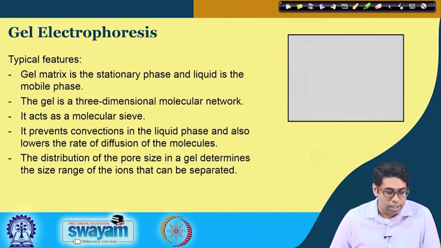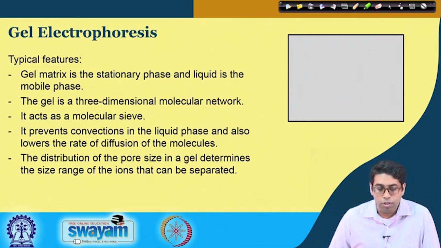In case of polyacrylamide, it is the polyacrylamide polymer, and the other one is the agarose polymer. This gel acts as a three-dimensional molecular network, and this network has various sizes of pores through which these molecules can pass. So, the gel matrix acts as a molecular sieve. It also prevents convection in the liquid phase and lowers the rate of diffusion of the molecules.